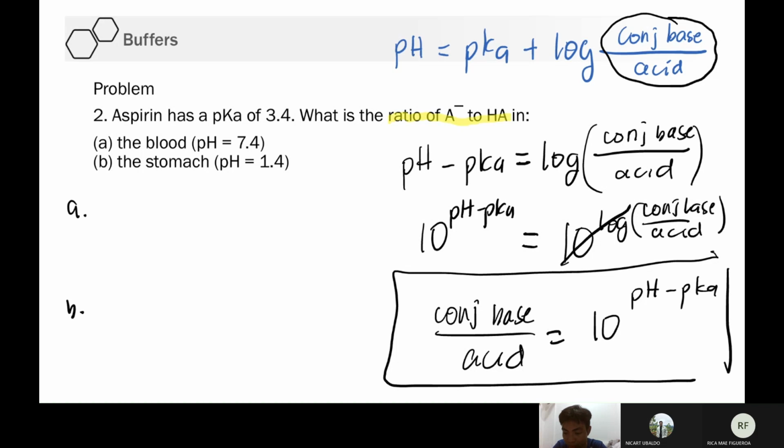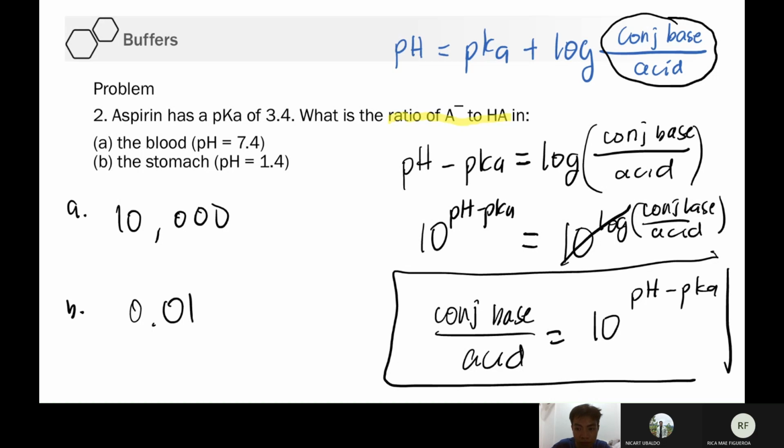So that will be 10,000. Okay, so 10,000 laki, no? So 10,000 ang ratio nila. Then kapag sa stomach acid naman, so that's 1.4 minus 3.4, that will be 0.01.